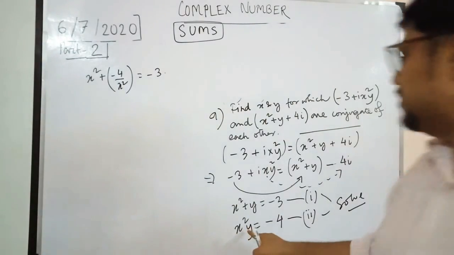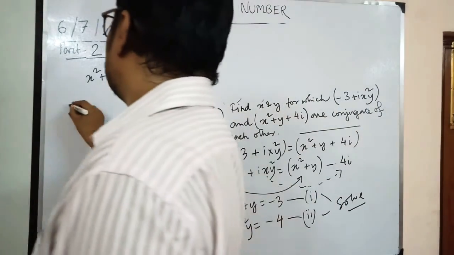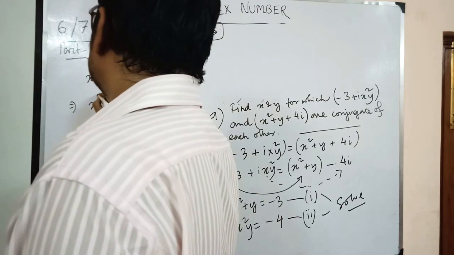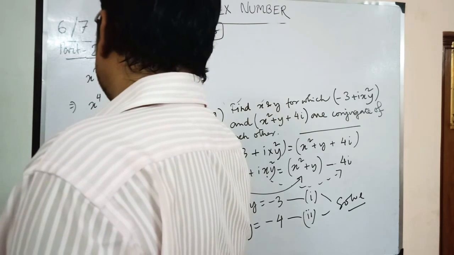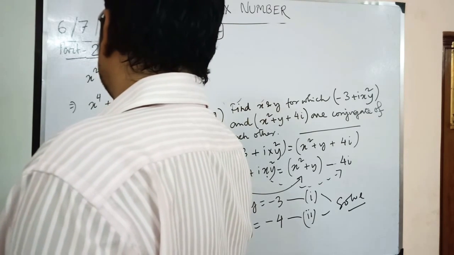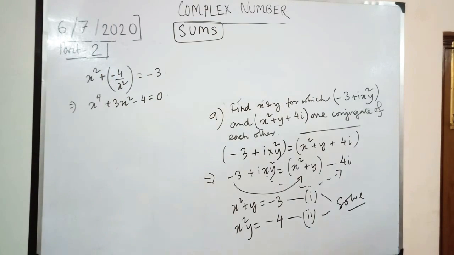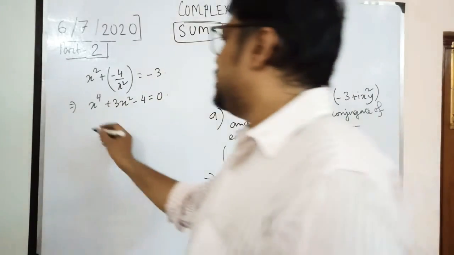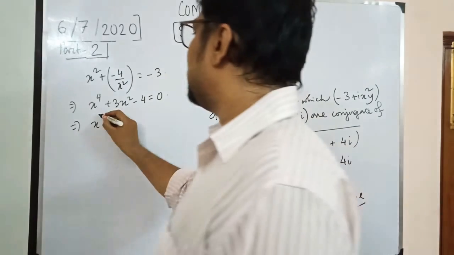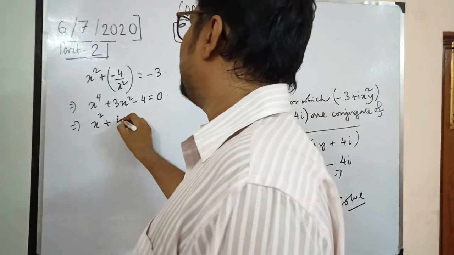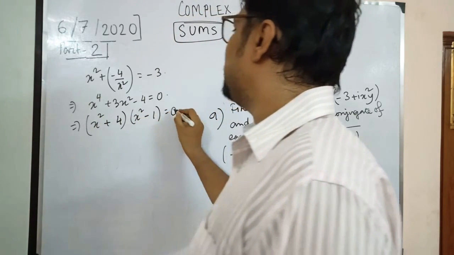Did you get it? So y is minus 4 by x square. I substituted that over there. So this will be something like x to the power 4 plus 3x square minus 4 equals to 0. Okay. So here if you do a middle term breaking over here, you will get something like x square plus 4 and x square minus 1. Please check whether it is correct or not.